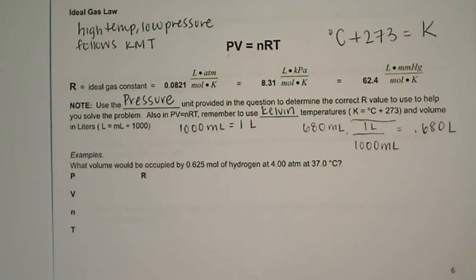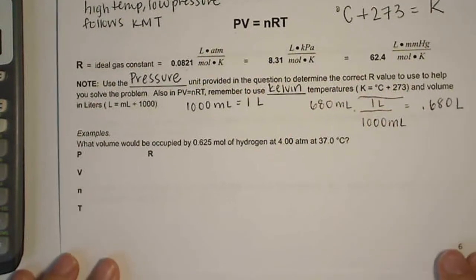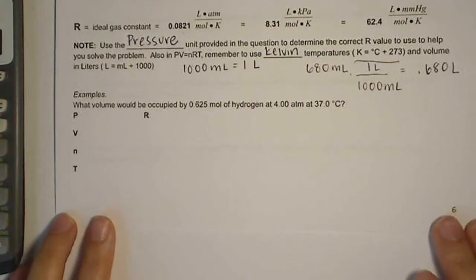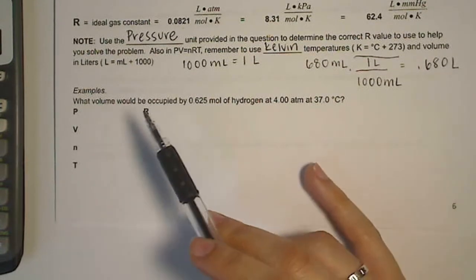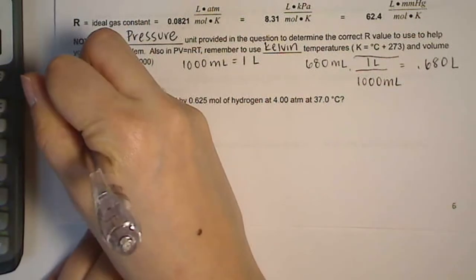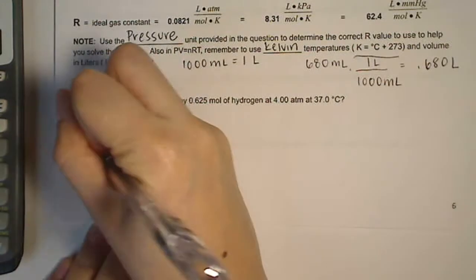I'm on page 6 of the packet, the gas packet. It says here, what volume would be occupied by 0.625 moles of hydrogen? So I'm looking for volume.